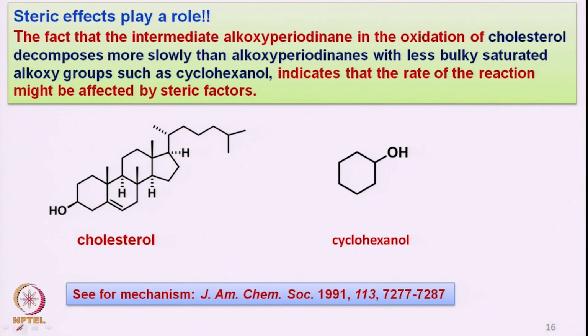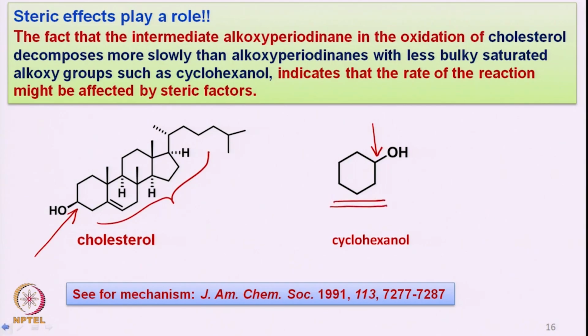So, say for example, if one takes a case of cholesterol, now you compare this alcohol with this alcohol here. Here you have a bulk of the cholesterol that we have, whereas there is not much of a bulk of this.